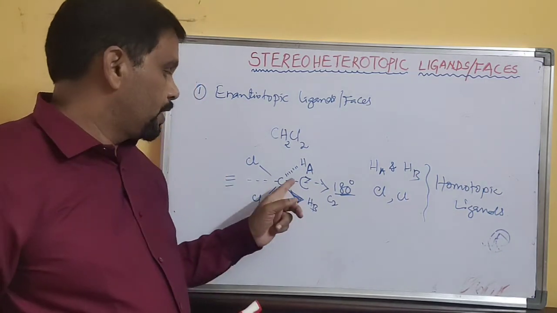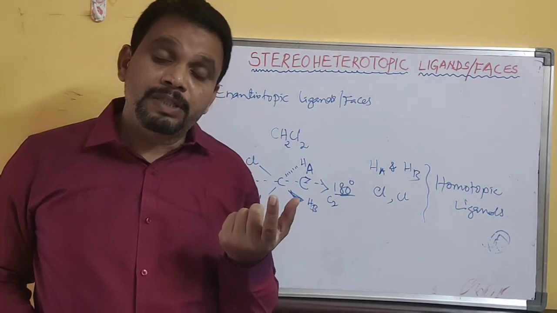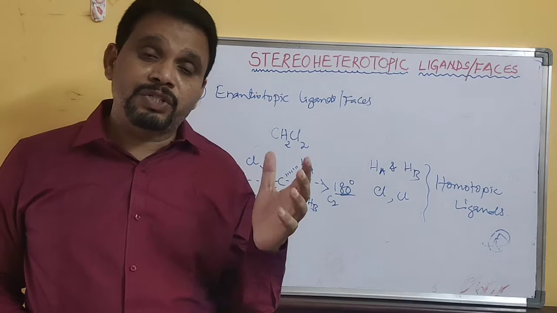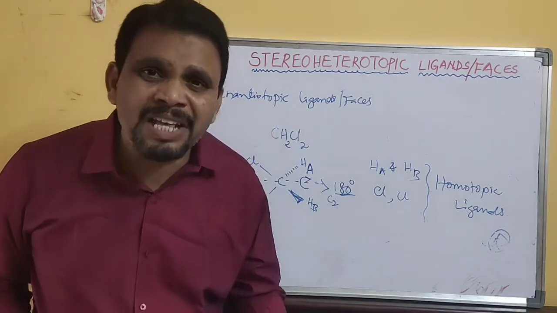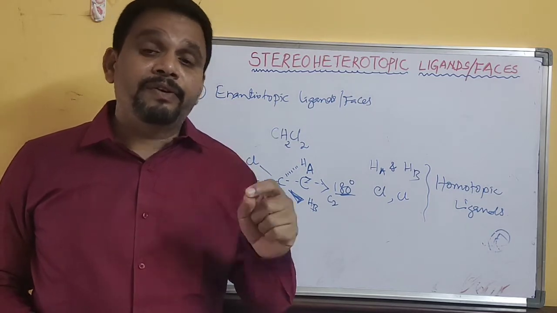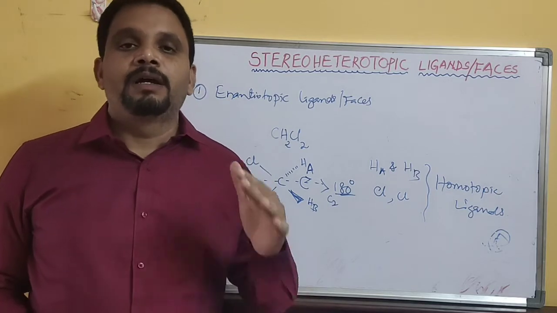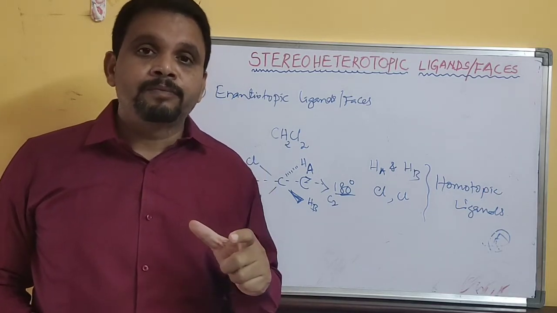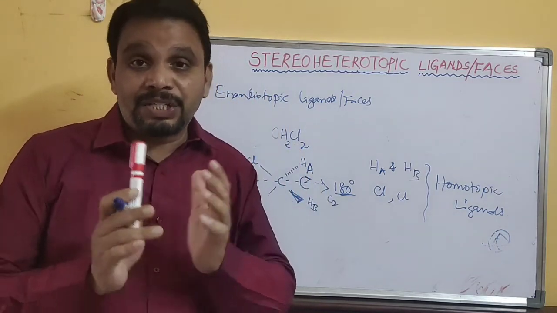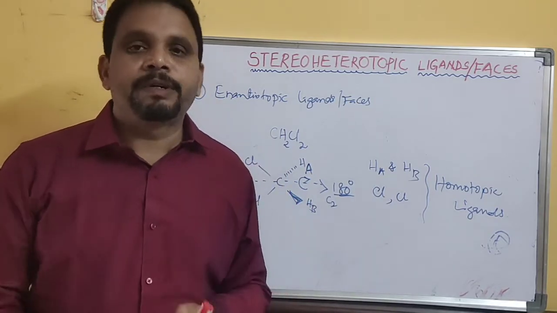So whenever, with the help of a Cn axis of symmetry, the ligands in a molecule are exchangeable or interconvertible, they can be considered as homotopic ligands. If, with the help of different symmetry elements like center of symmetry, plane of symmetry, or alternating axis of symmetry, ligands are exchangeable or interconvertible, they can be considered as enantiotopic ligands.